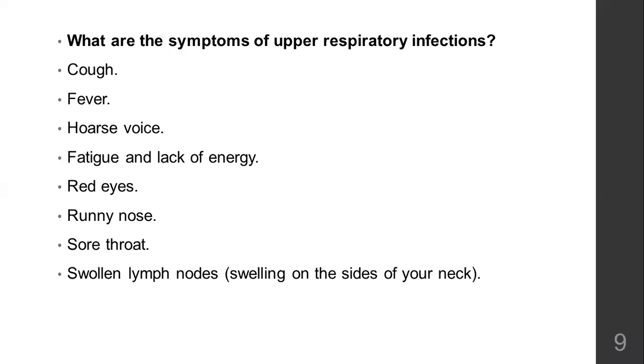Fatigue, lack of energy, red eyes, runny nose, stuffed nose, sore throat, and lymph nodes around your neck and under your jaw are swollen. When doctors do the physical examination, they can feel the lymph nodes under your jaw. It means the lymph nodes are hyperactive, and the lymph nodes are hyperactive when you're dealing with any infection.